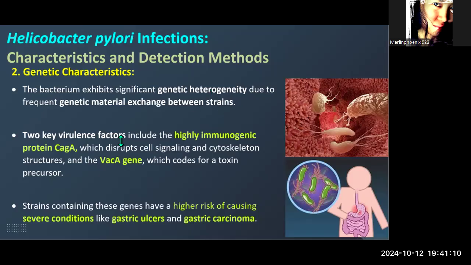And then two major virulence factors include the highly immunogenic protein CagA, which disrupts cell signaling and cytoskeletal structures, and the VacA gene, which encodes a toxin precursor. So strains containing these genes have a higher risk of causing severe conditions such as gastric ulcers and gastric carcinoma.